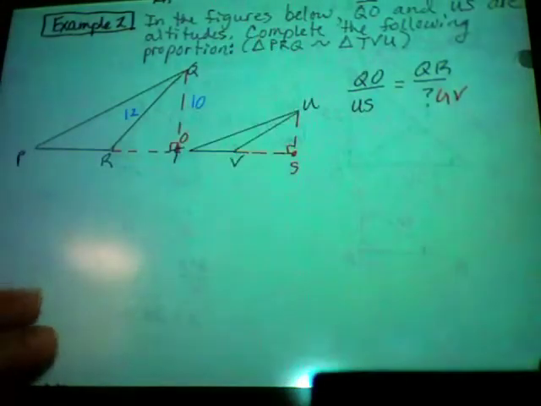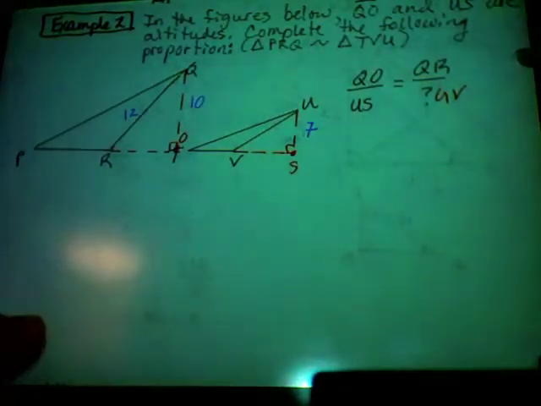So then we're going to find some missing sides. So if I gave you QR is 12, and that QO is 10, and US is 7, I want you to find UV.